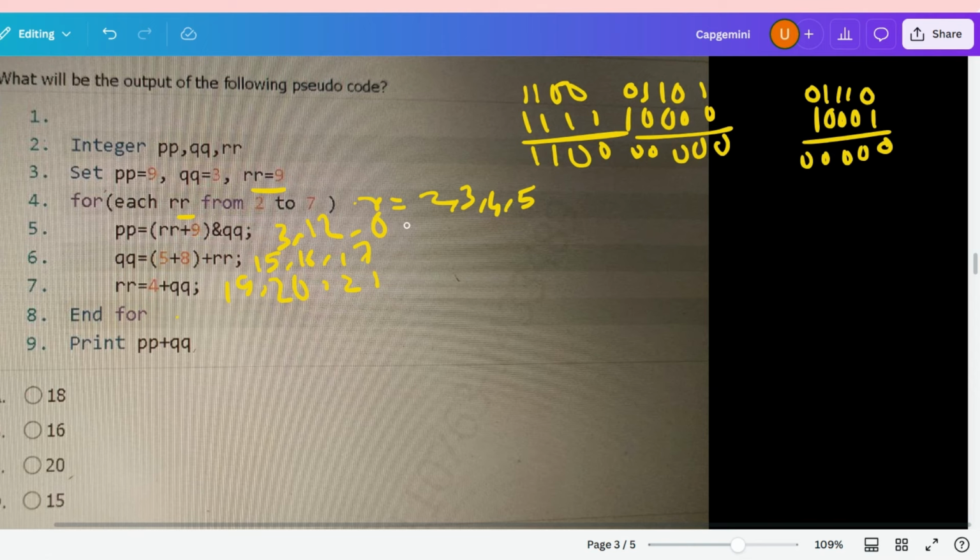So this is 0 again. Then this is 18 and this is 22.